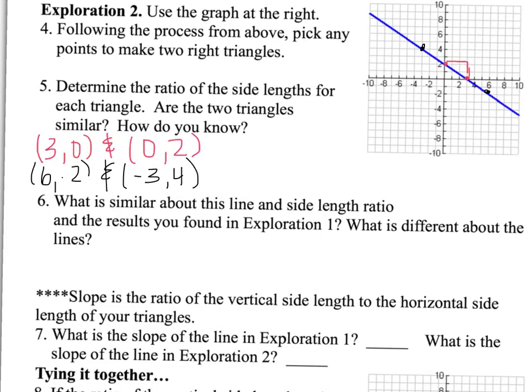And so we're going to see, are they similar? So do they have a similar ratio for their x and y values? So let us look at the x values. The x values for the smaller triangle are 3 to 0. And the y values are going to be 0 to 2.